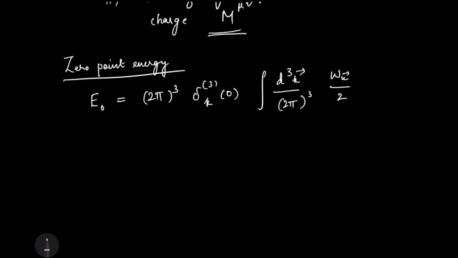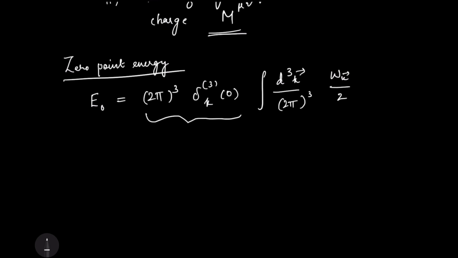Here E k is equal to h cross omega. h cross is 1 because we have chosen natural units. Therefore I can write E as omega k. Fine. So this is the expression for the zero-point energy.